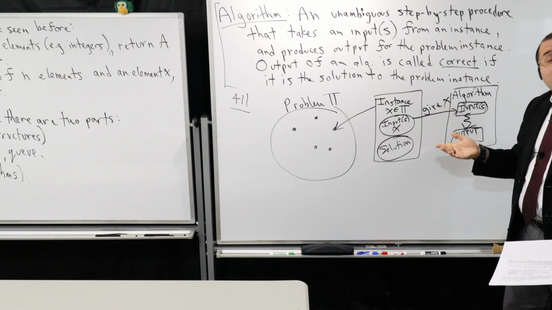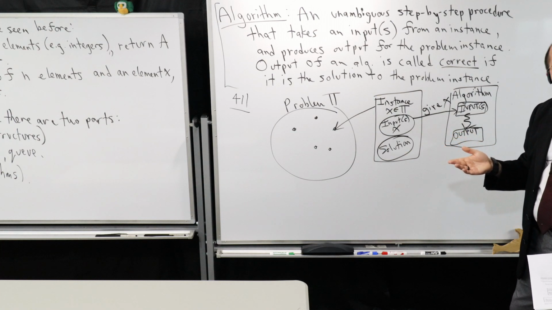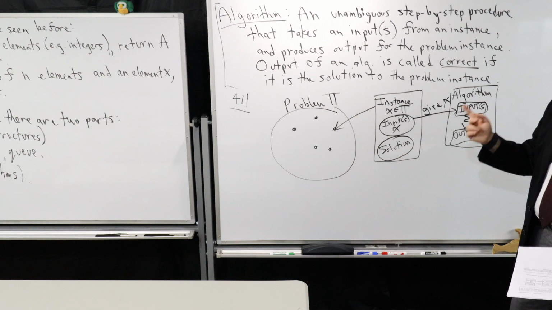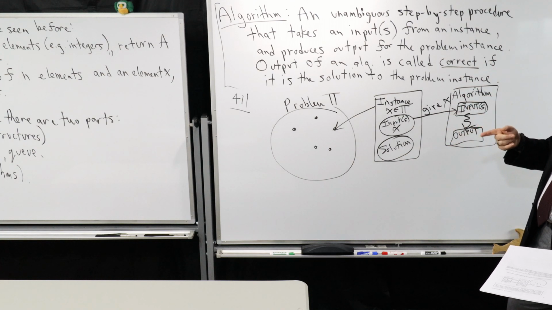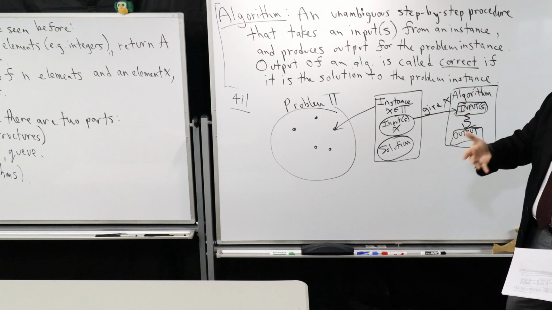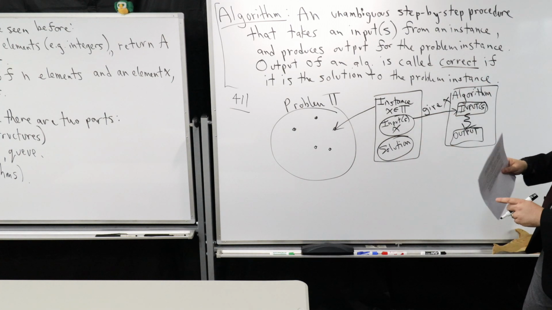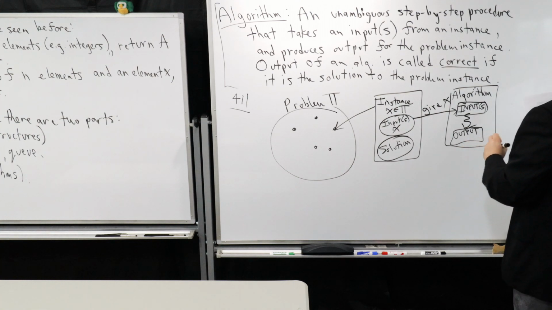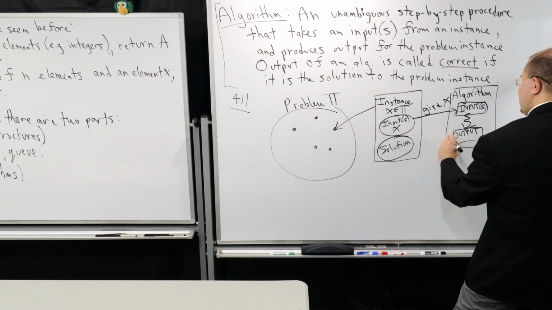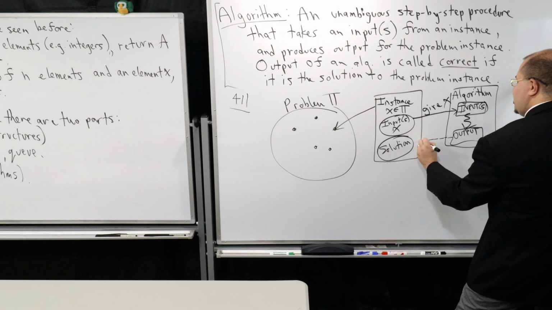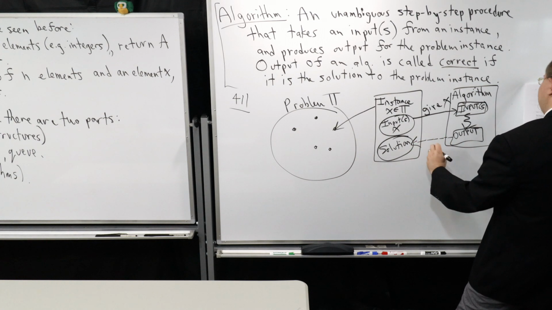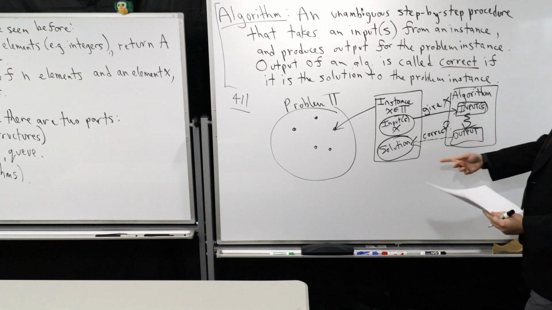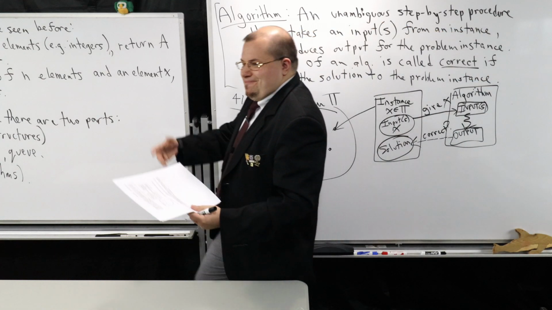Can they go on forever, or do they have to terminate in some finite amount of time? There are no infinite loops, right? So they have to terminate in finite time. That's going to be an important facet of the algorithms we're going to talk about in this class. So it has to terminate at some point. And generally the question we're interested in asking is: is the output going to match the solution?